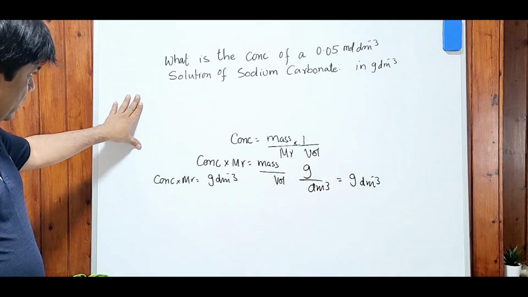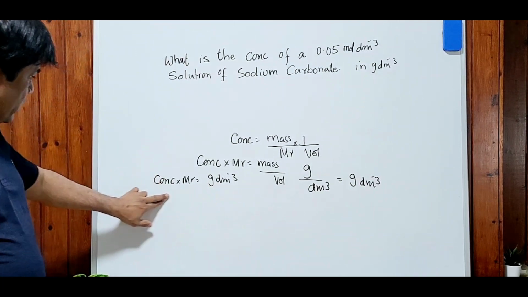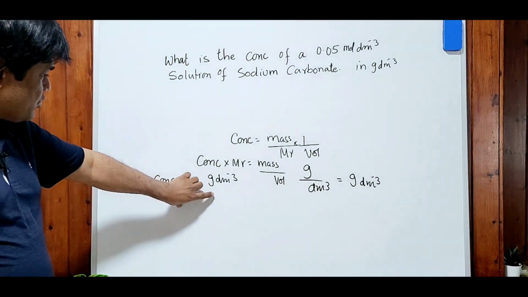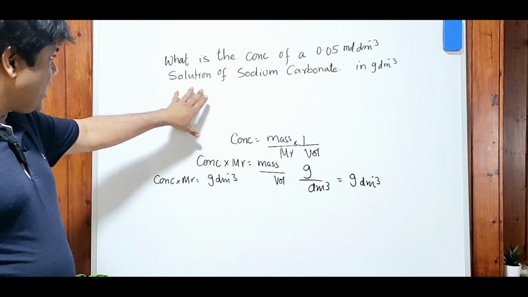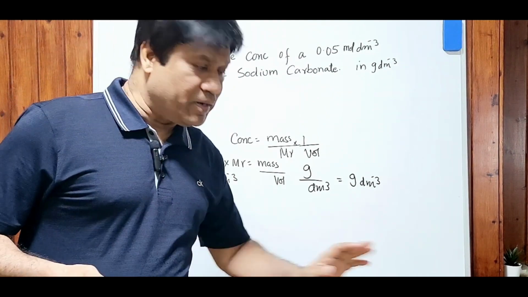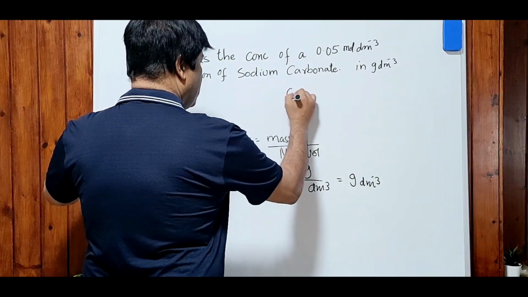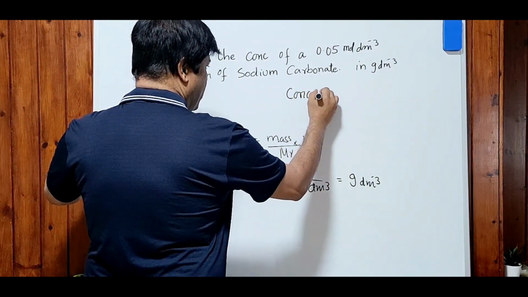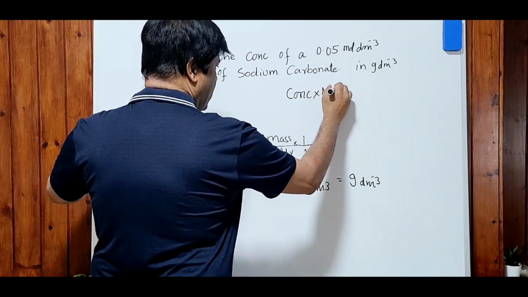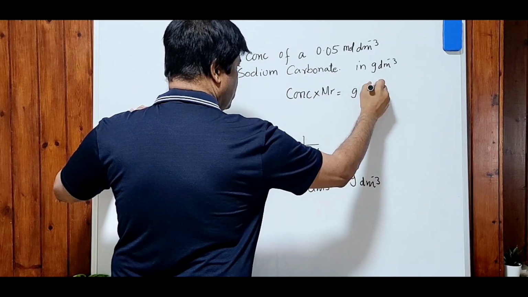So look at the board. I have given this formula: conc times Mr equals gram per dm cube. This time we have to convert mole per dm cube into gram per dm cube.